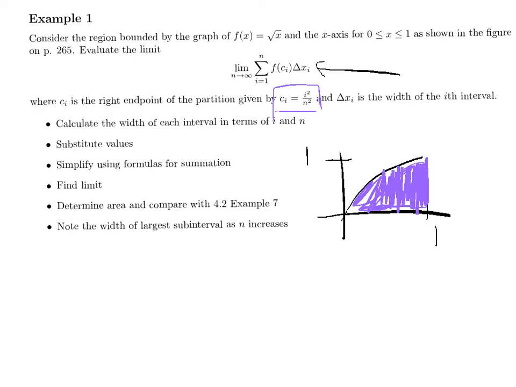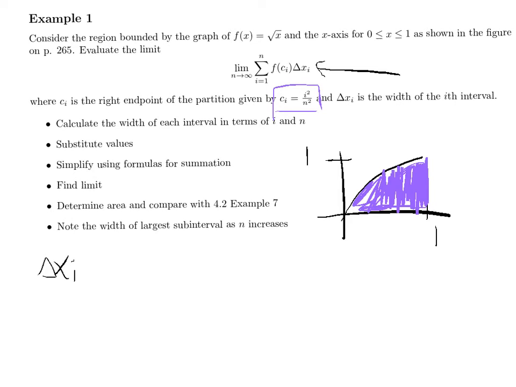So our endpoints are given by this expression rather than finding c sub i using our previous methods. We're given the c sub i. The first thing we need to do is find what delta x sub i is.